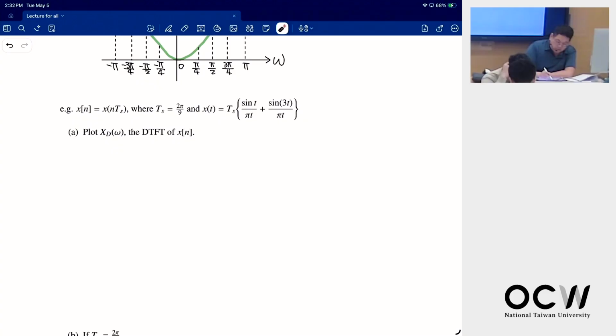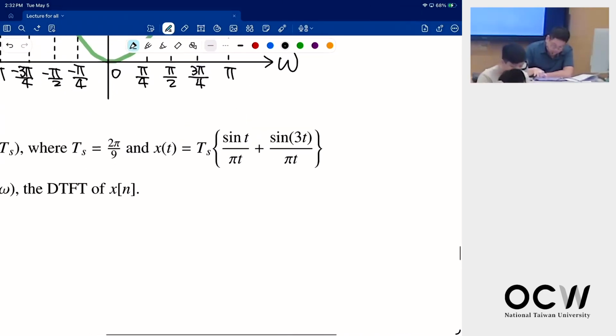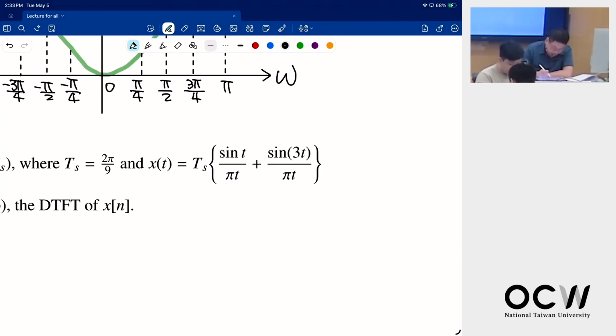So what is sine t over pi t? It will be a rectangle from minus 1 to 1.